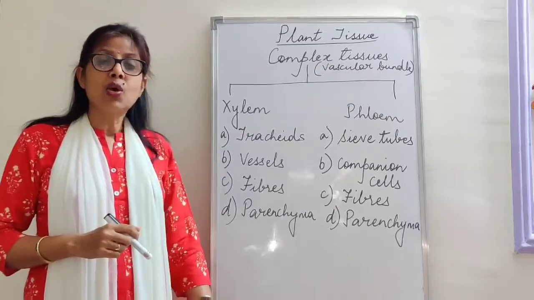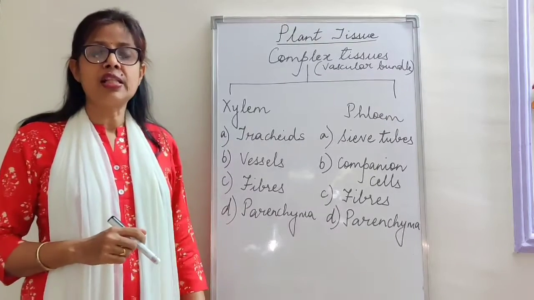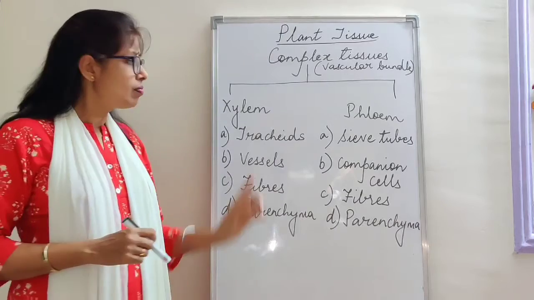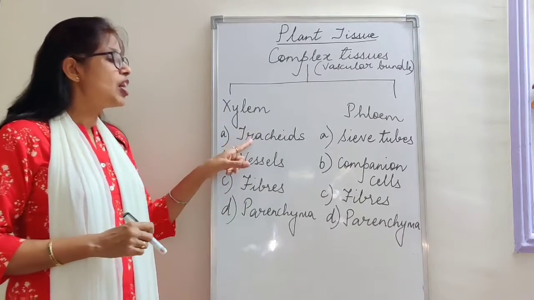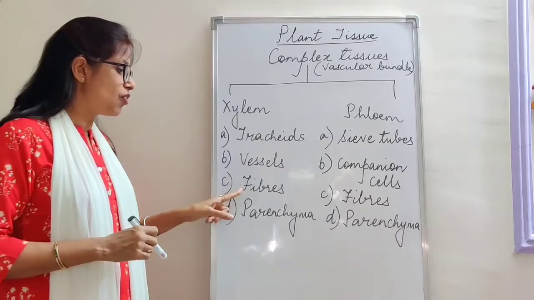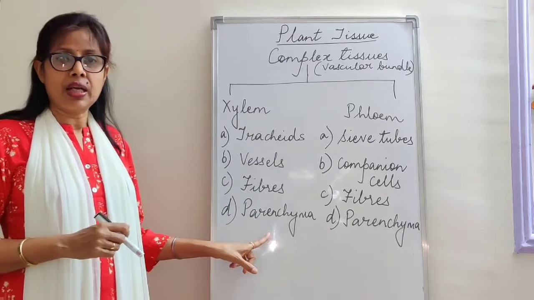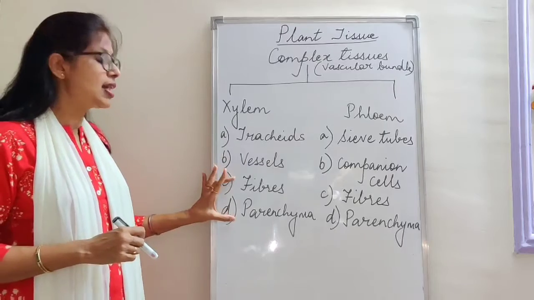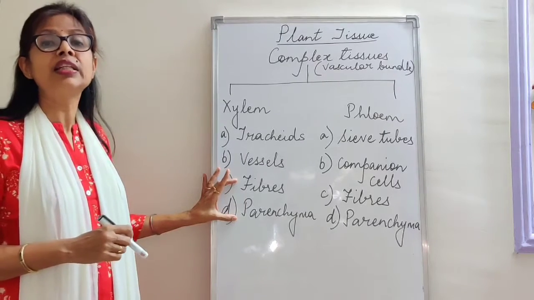Now we will see what are the four types of cells found in xylem and phloem. In xylem, the first one is the tracheids, then the vessels, the fibers and the parenchyma. Before we understand the first two, let us understand the meaning of the third and the fourth.